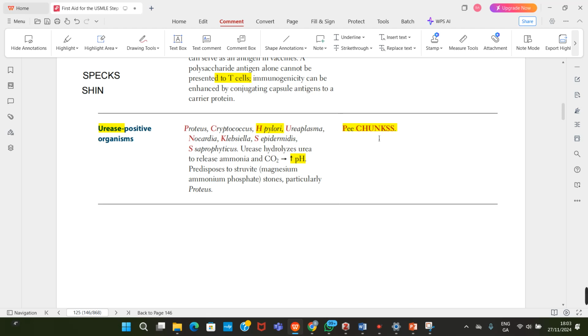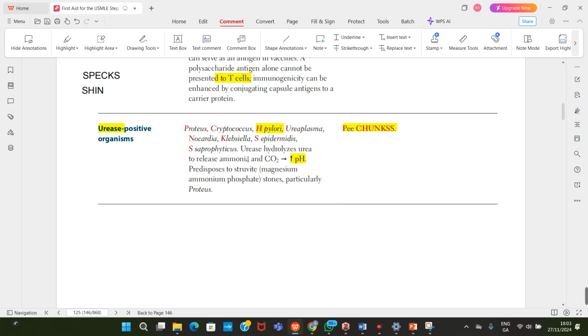It is weakly acid-fast. Fantastic. K for Klebsiella. The S for Staph epidermidis, and the other S for Staph saprophyticus. Now, pay attention to the fact that Staph aureus is not urease positive. So the double S that we have is for Staph epidermidis and Staph saprophyticus.